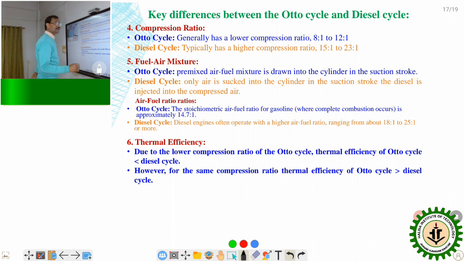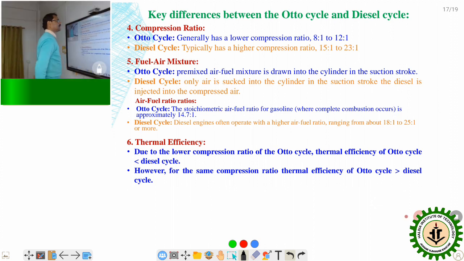It means air and fuel: if 1 kg of petrol is used, then 8 kg of air will be required. If 1 meter cube of petrol is used, then 8 meter cube of air will be required. So this is air and this is petrol.